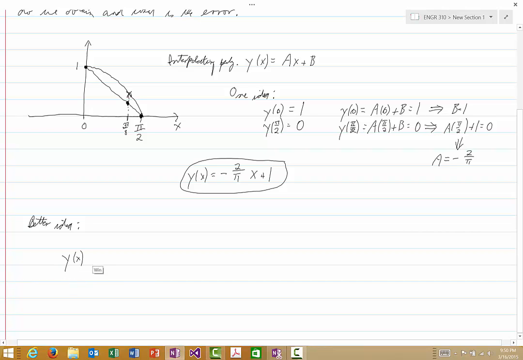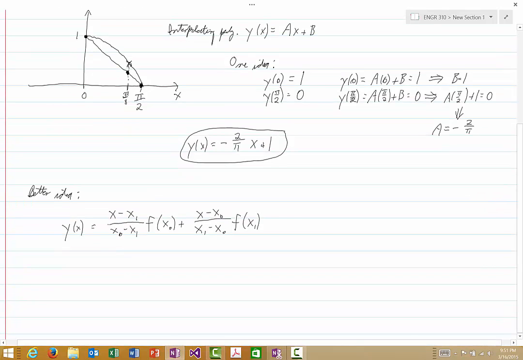We'll say y of x is equal to (x minus x1) over (x0 minus x1) times f of x0, plus (x minus x0) over (x1 minus x0) times f of x1.